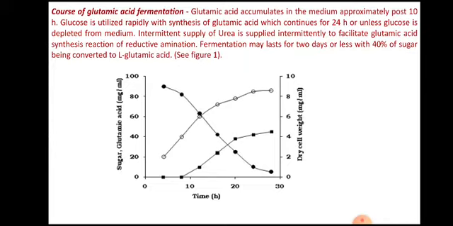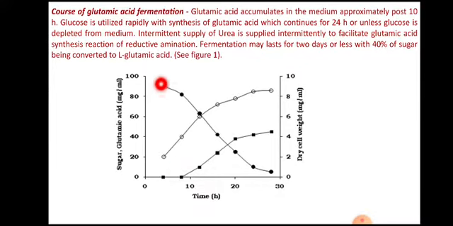It accumulates in the medium approximately 10 hours after inoculation with cells of Corynebacterium glutamicum. There is rapid utilization of glucose with the synthesis of glutamic acid, and that continues for 24 hours or for the next few hours, unless there is depletion of glucose.